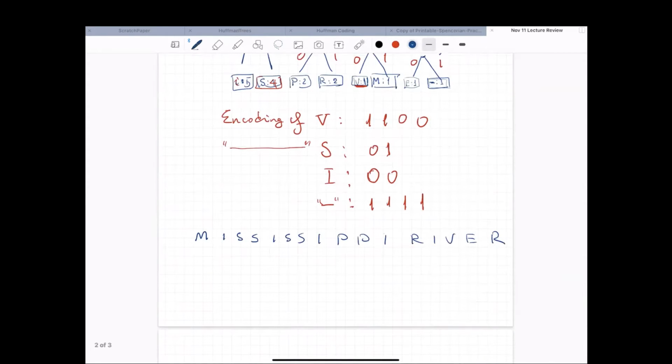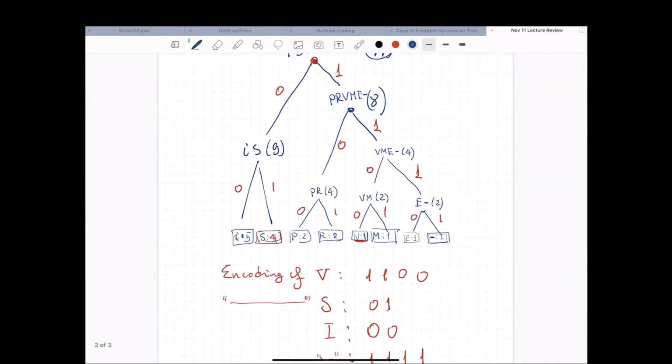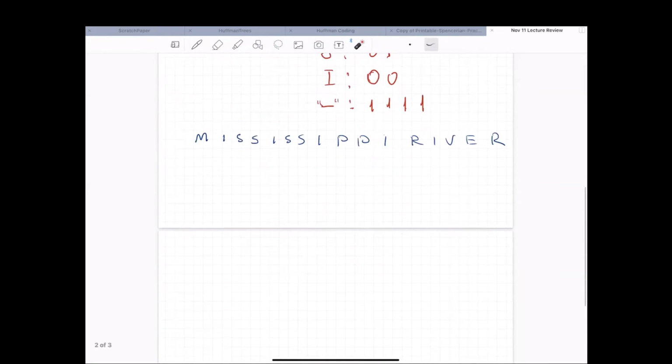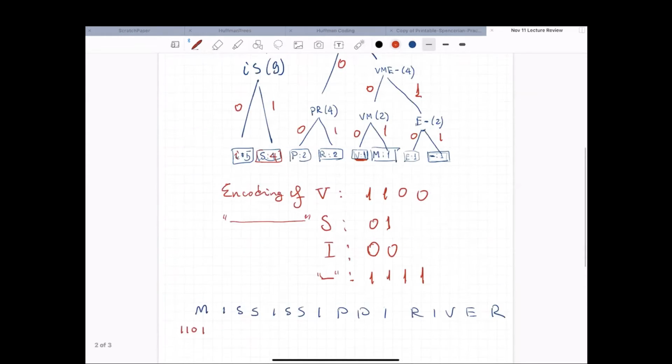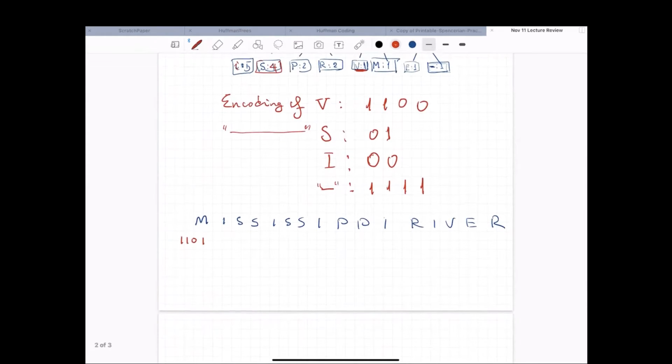So what's the encoding of M? 1, 1, 0, 1. So I write down 1, 1, 0, 1 here. What's the encoding of I? 0, 0. What's the encoding of S? 0, 1, 0, 1, right?